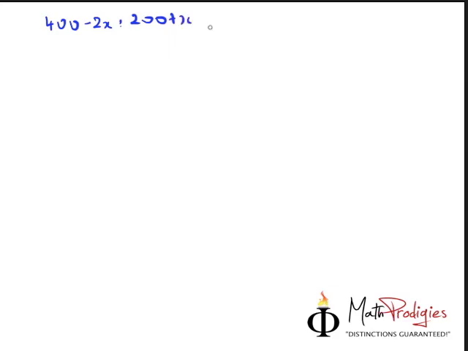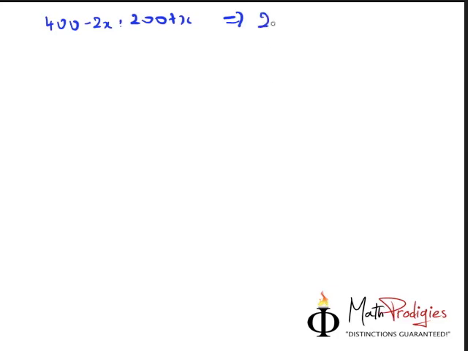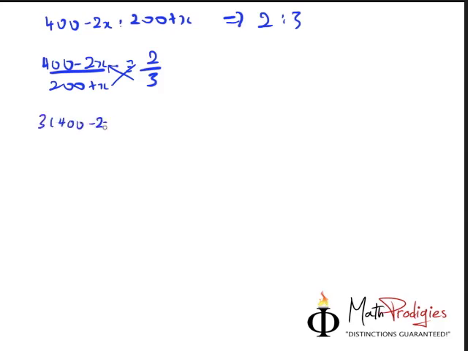Now from here, it's similar to what they said: 2 is to 3. So show that x is equal to 100. Like I said, you can make it into a fraction format, and it equals 2 over 3. When this happens, you can simply cross multiply. Therefore, 3 times 400 minus 2x equals 2 times 200 plus x.